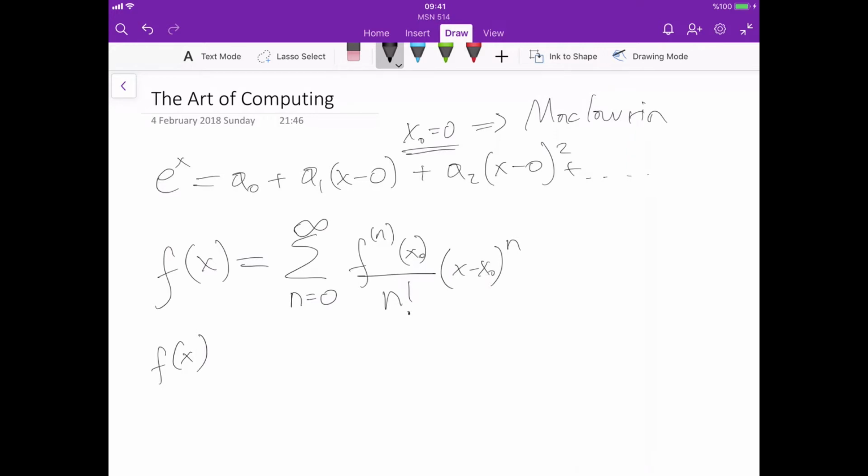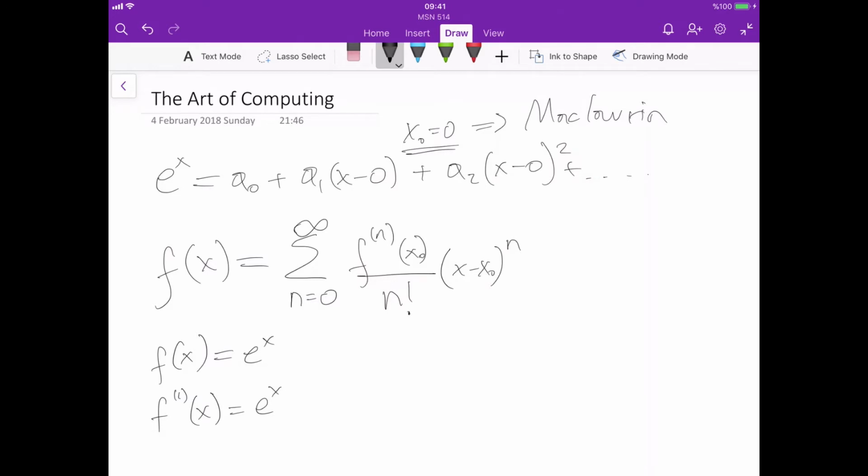So if f(x) is e to the x, what is the first derivative of f(x)? E to the x, right? That's why e to the x will keep coming out in all the equations, because its derivative is itself, right?